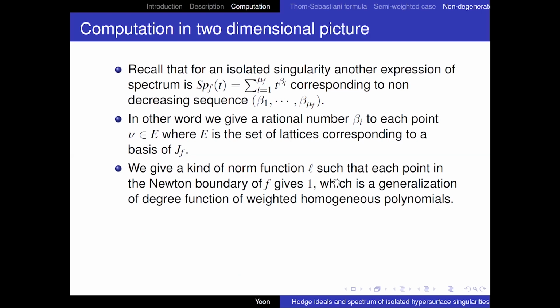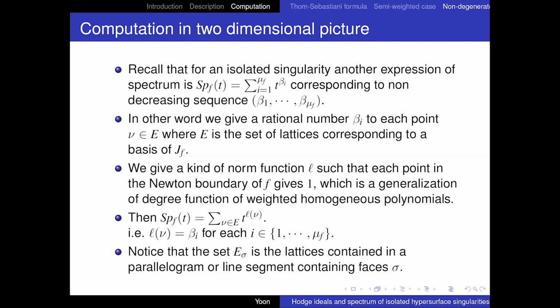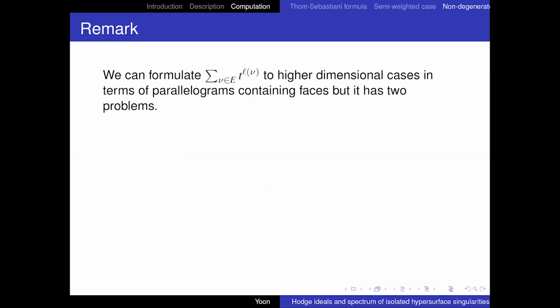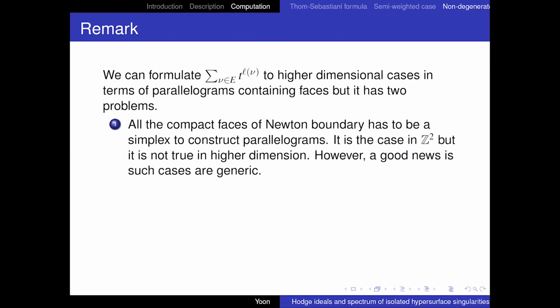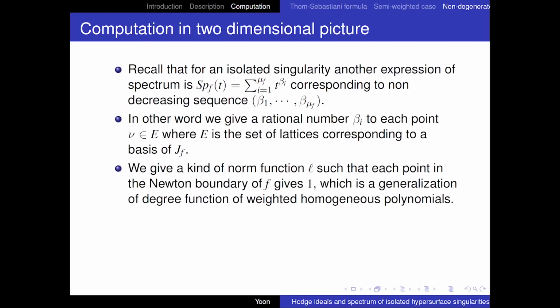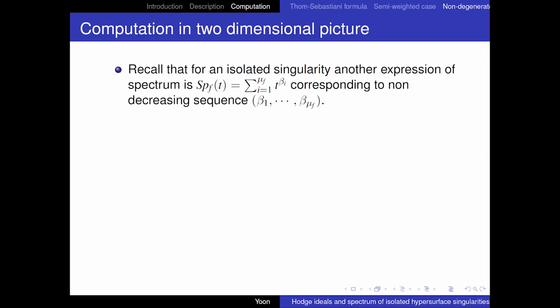Then this function gives a value for each point, and that is beta. And that is another formula. This method is actually very easy. It looks like this picture is actually given by Arnold.